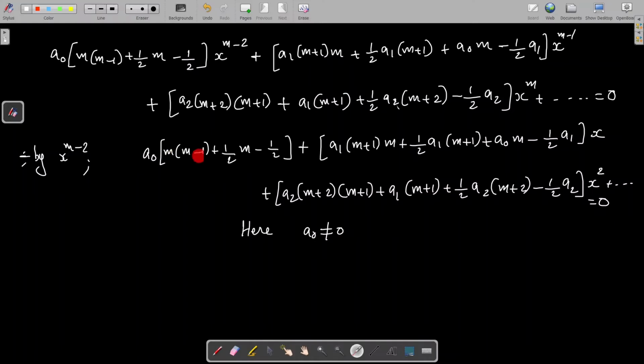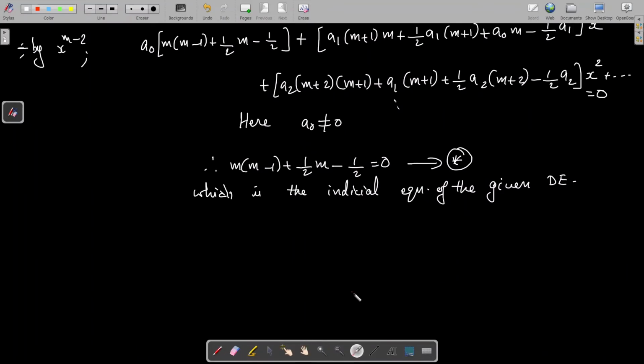So this expression becomes equal to 0. Therefore, m into (m minus 1) plus 1 by 2 m minus half equal to 0. This expression is called the indicial equation of the given differential equation. Using this indicial equation, we can find the possible values of m.